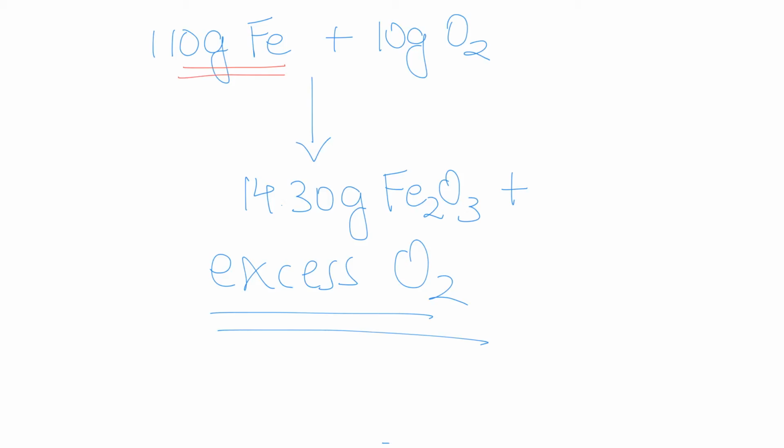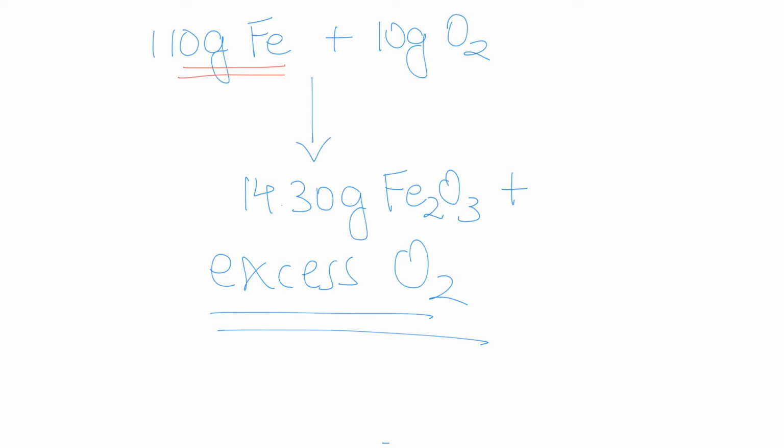Now, let me state this a little differently. Say, for example, I had way too much iron. I had like a whole brick of iron, and I had 10 grams of oxygen gas. In that case, I have way too much iron and not enough oxygen gas, which means that oxygen would be my limiting reagent. So, which reactant is limiting is entirely dependent on how much of each you have.